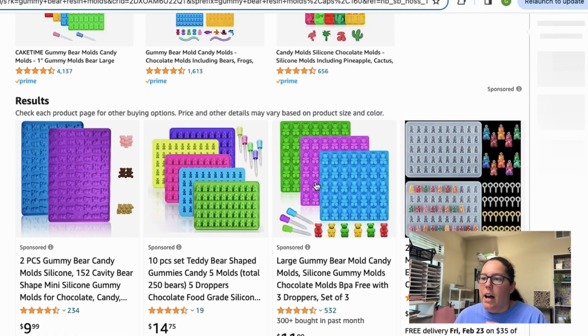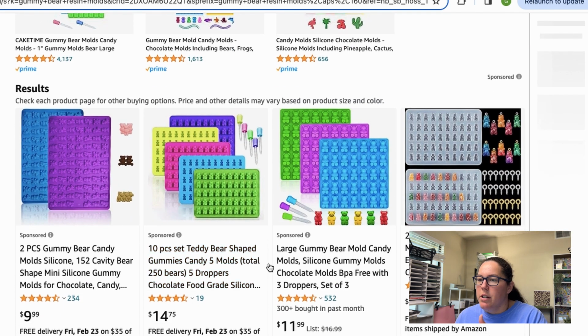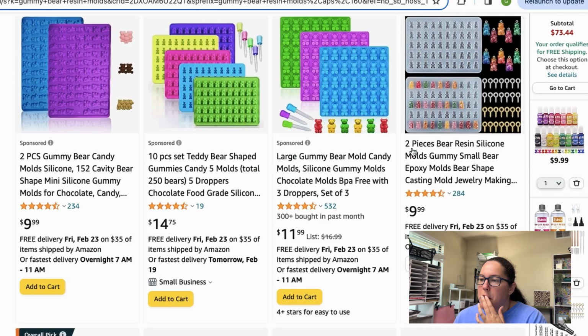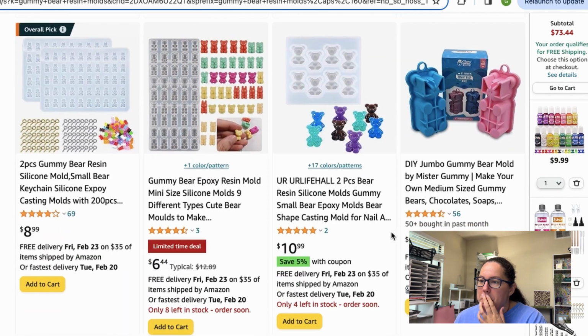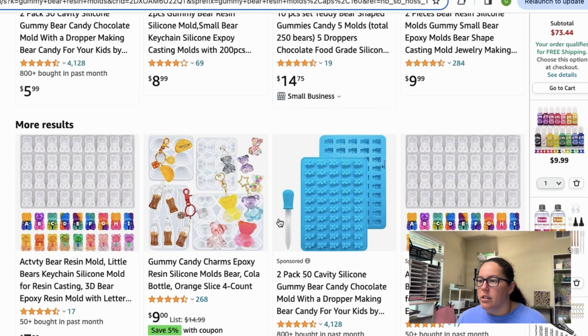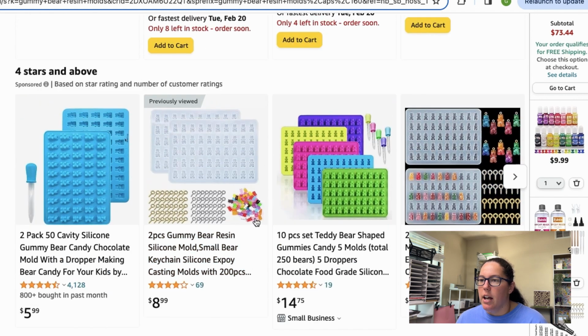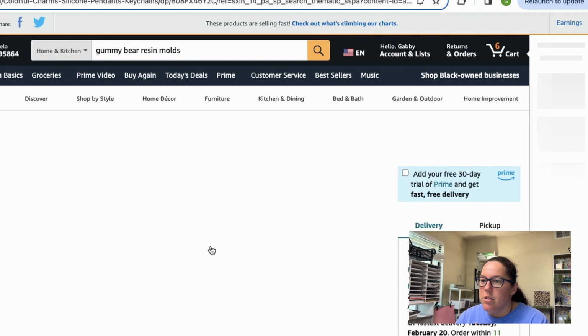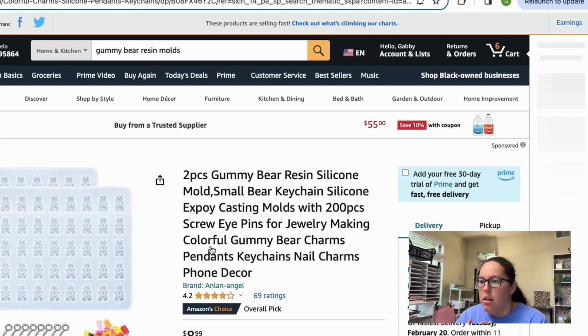I found the pack of like 2 large ones, but I'm wondering, because it might be beneficial to have several smaller ones. But again, this pack has 2 pieces, and it has 2 molds, and it's cheap.